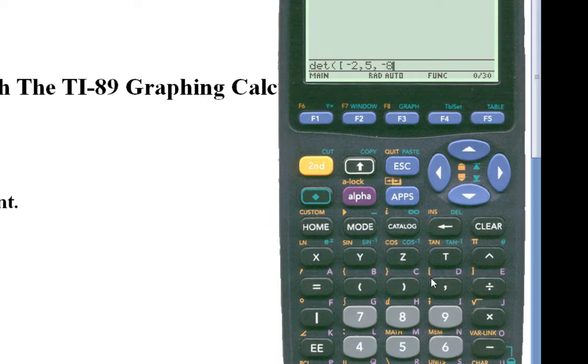Okay, once you enter the first row, then follow that with a semicolon, so second 9. Okay, second row. Semicolon.